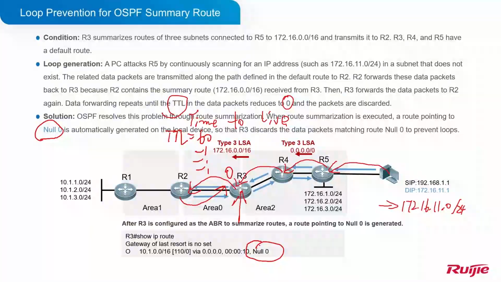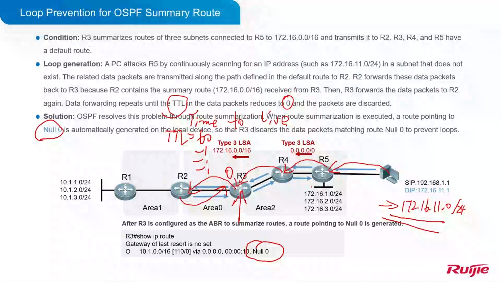Okay. So now what happens next? If we do the summarization and generate this Null0 route, we can see the same action: the PC sends the packet to R5, R5 sends the packet to R4, and then R4 sends the packet to R3, because it wants to communicate with the destination IP.